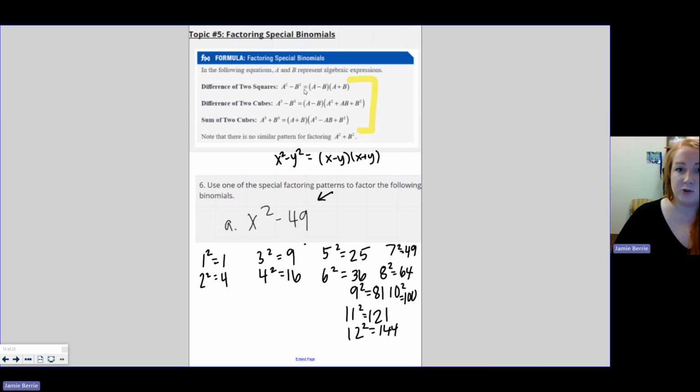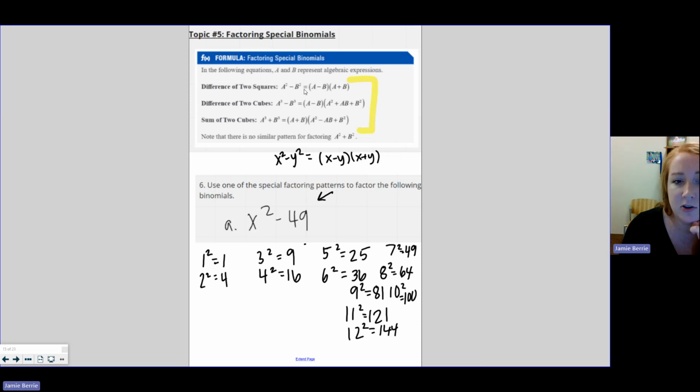Right, so the difference of squares formula is a squared minus b squared is a minus b times a plus b. Difference of cubes is where we have two perfect cubes. So a cubed minus b cubed turns into a minus b times a squared plus ab plus b squared.